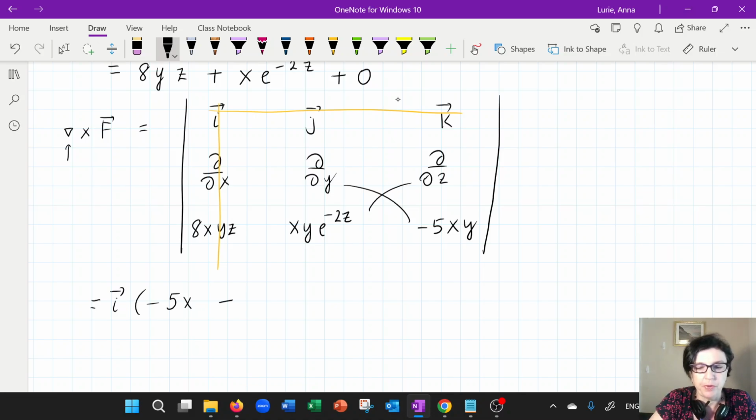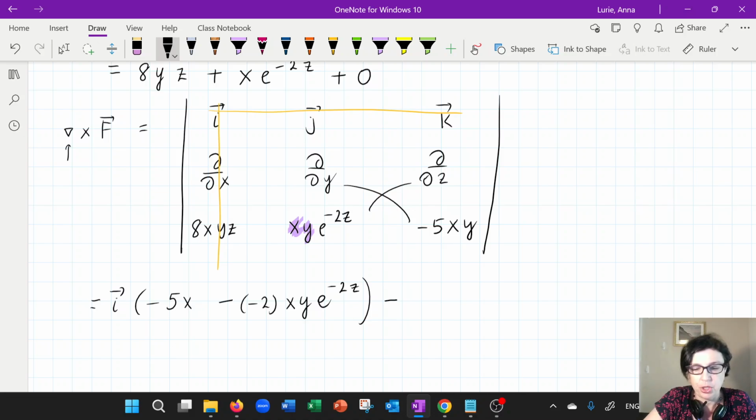So now the derivative of x times y times e to the negative 2z. When you take the derivative with respect to z, x and y are both numbers, and then e to the negative 2z, by chain rule, the negative 2 comes out in the front, not negative 2z, just negative 2. So this will become negative 2, and then xy stays as a multiple, and the same e to the negative 2z is here. These two minuses will actually turn into a plus. All right, so that's the i component.